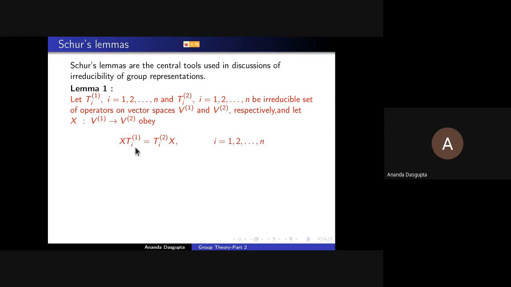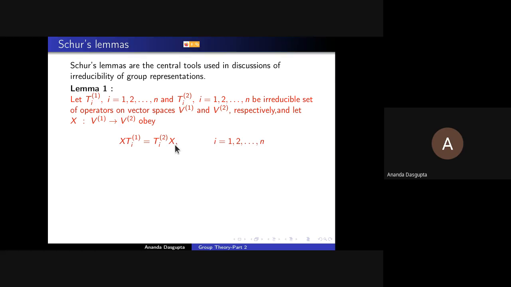So what I can do is apply Ti1 first, and then apply X. So Ti1, of course, takes a vector in V1 to a vector in V1. Then you apply X, it goes to V2. So this combined thing on the left takes a vector in V1 to a vector in V2. On the other hand, I could do it in the other order. I could apply X first, and then apply Ti2.